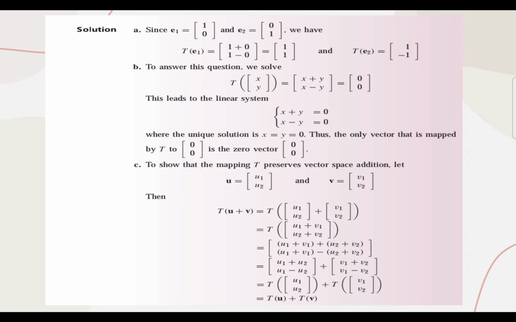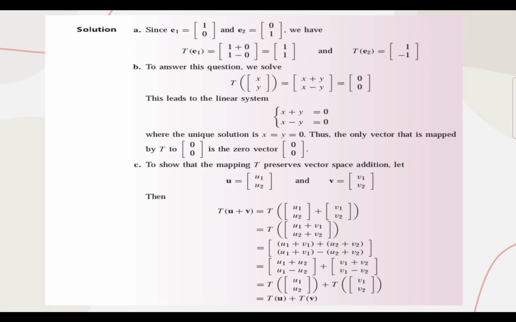For e sub 1, x is equal to 1 and y is equal to 0. So the result, we have (1 plus 0, 1 minus 0) is equal to (1, 1). And T of e sub 2 is equal to (1, negative 1).